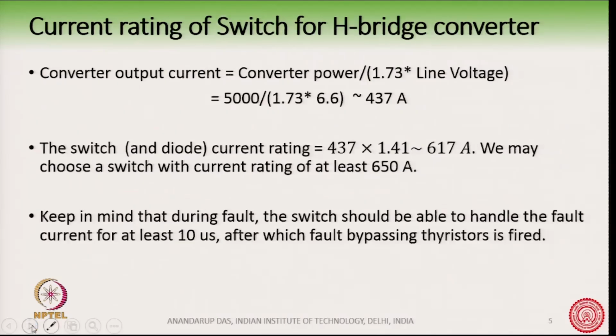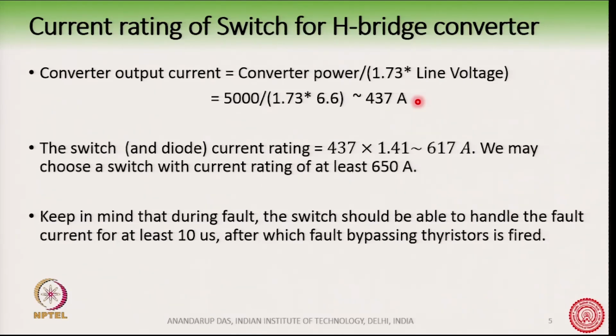So, what is the converter output current? Okay. So, the converter rated voltage is 6.6 kV and 5 MVA. So, about 437 ampere, that is the rated output current of the converter.